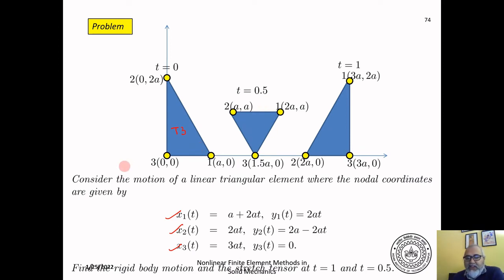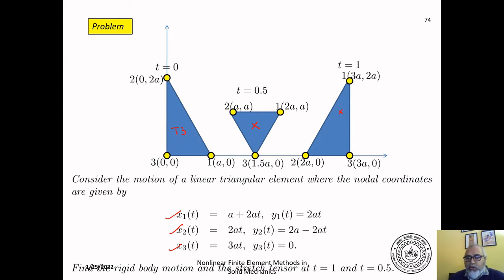Now at these locations, for any point inside this triangle, at these time points, I want to find the stretch tensor and probably the rotation.